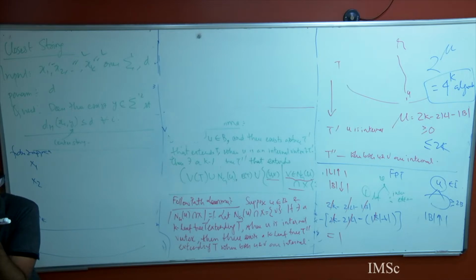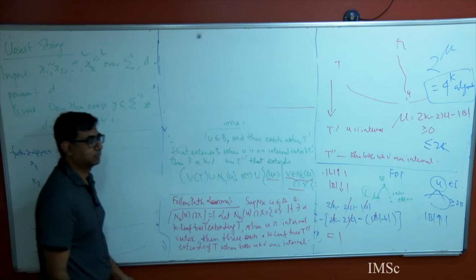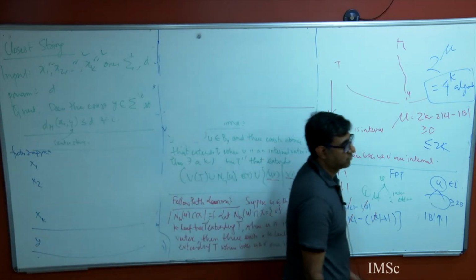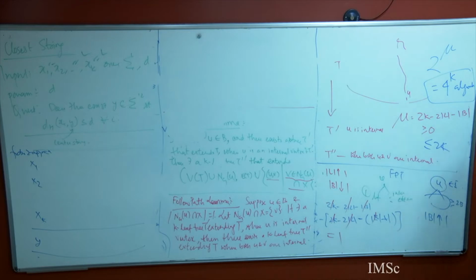Is that okay? You didn't get it? So what she says is, just pick any string xi, and that's your factor 2 approximation. Why? Look at any other string. Suppose it is strictly more than 2d away, then you cannot have a string which will be d away from both of them. So this is obvious.